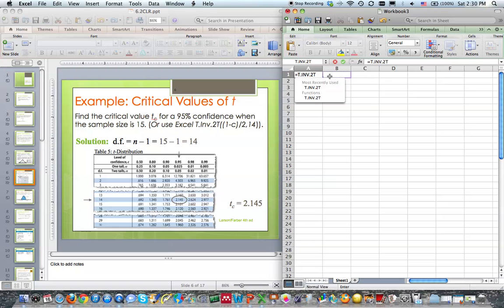Then we put alpha, 0.05, comma, degrees of freedom, 14. So we get 2.145. The slide right here does not need to have a divided by 2.